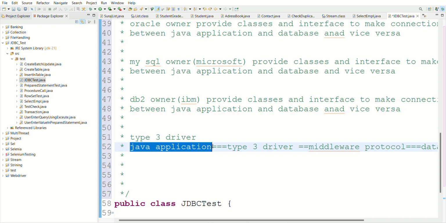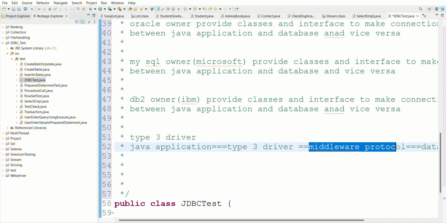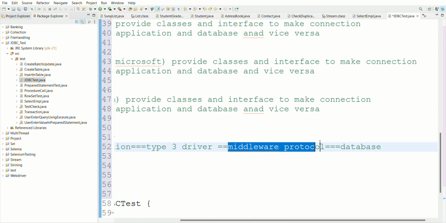At first Java calls will be transferred to the type 3 driver, and the type 3 driver is internally using the middleware protocol. Middleware protocols means there will be some rules, a set of rules. Got it? So the type 3 driver is the only driver with a three-tier architecture.